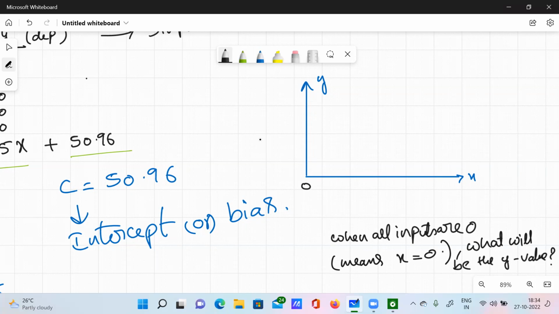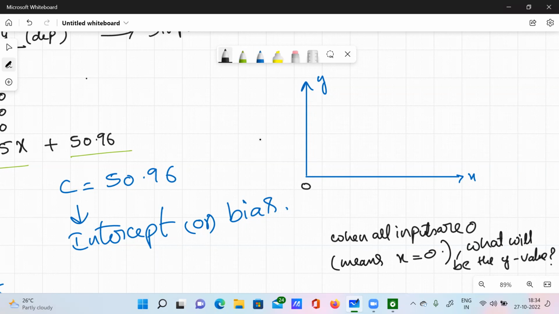It's actually saying, for example, what is the 50 here? This is actually not a meaningful value here. Why?